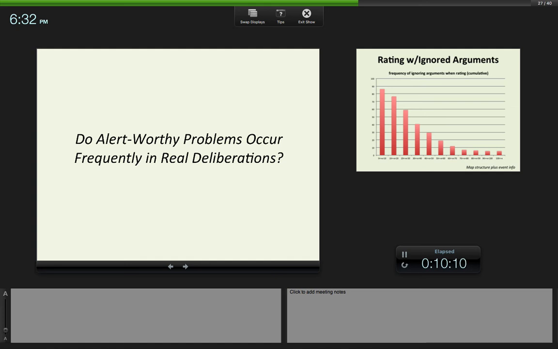I mean, if, for example, people tended not to make mistakes or to make gaps that an alert system could detect, then clearly the alert system would not be adding much value. So we wanted to see how much value the alerts could actually add.